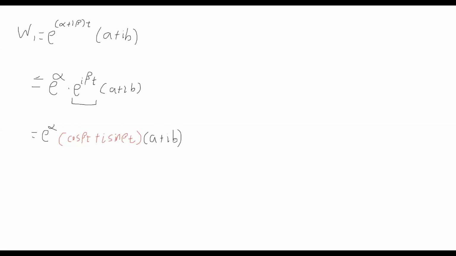Right? All right, so this is by Euler's equation. We can write this in terms of cosine and sine. And then if we multiply these out, I'm going to leave the t here.